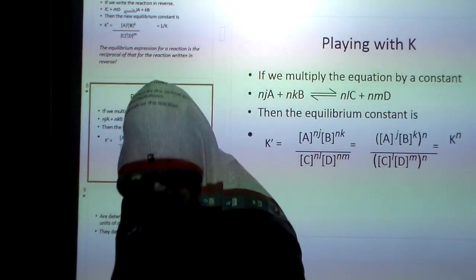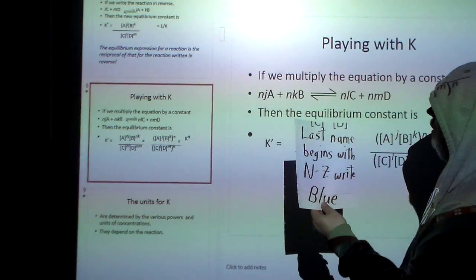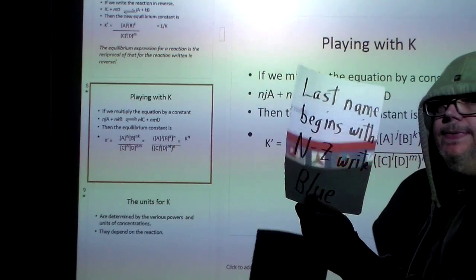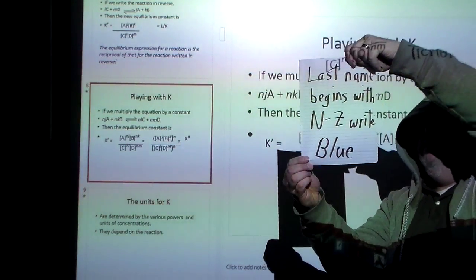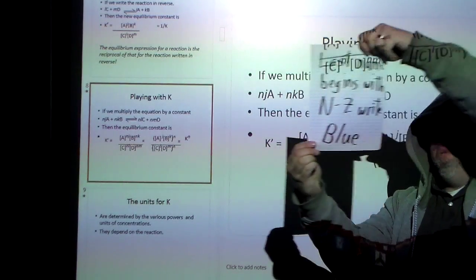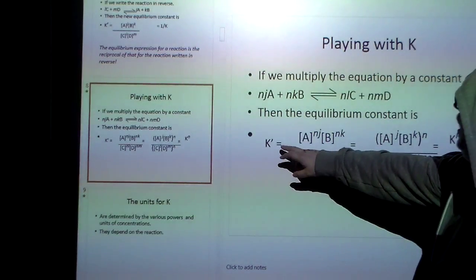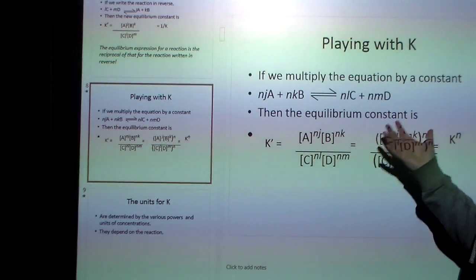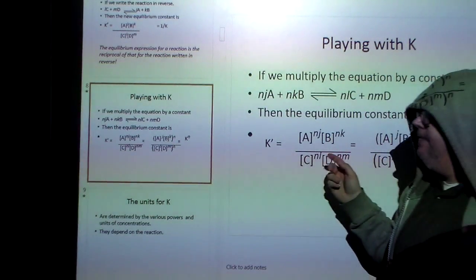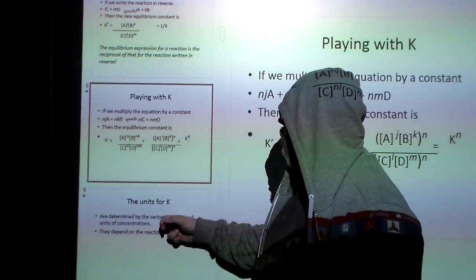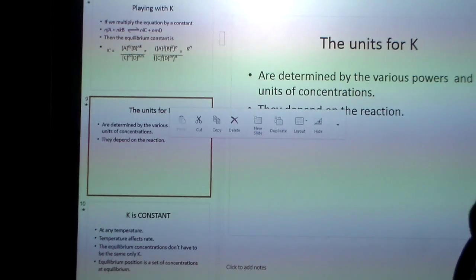When we look at this, here's our K prime, and if we bring it up to a factor of n, that's what it's going to look like. So we're going to have our units for K, and what exactly are the units of K?